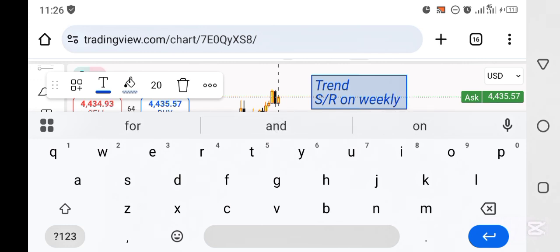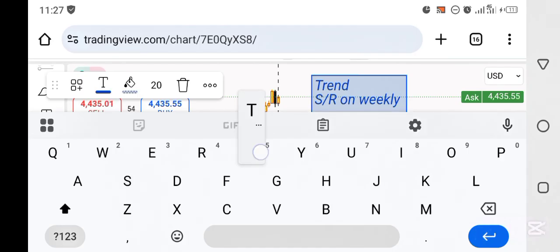But this is why I specifically name this one support and resistance on the weekly: the way I mark support and resistance on 1 hour, 4 hours is quite different from the weekly. So this weekly is just for you to know the turning current resistance zone on the weekly, so you can have an idea of what the market is doing.